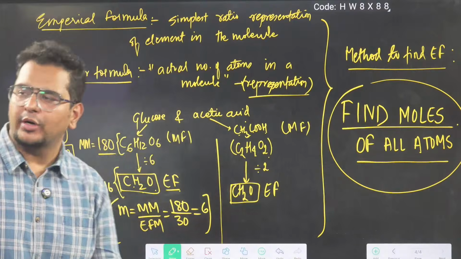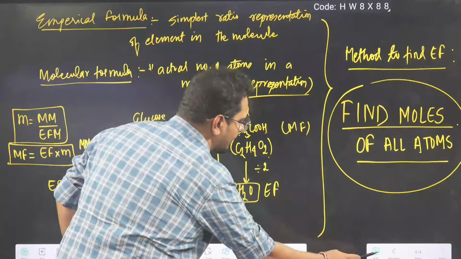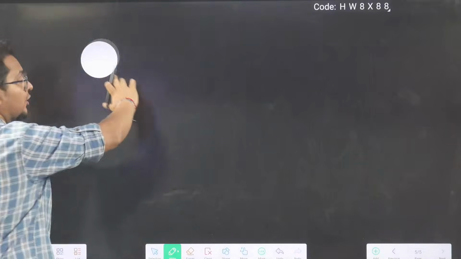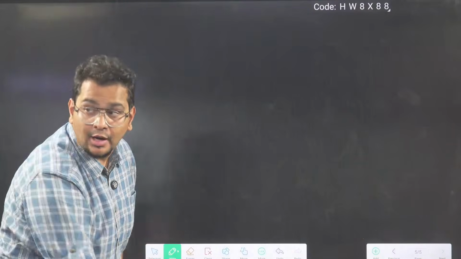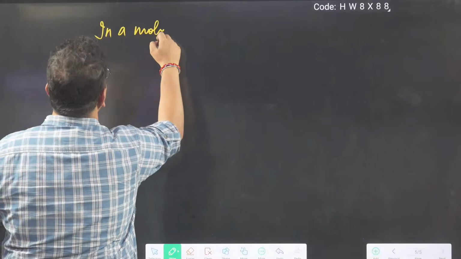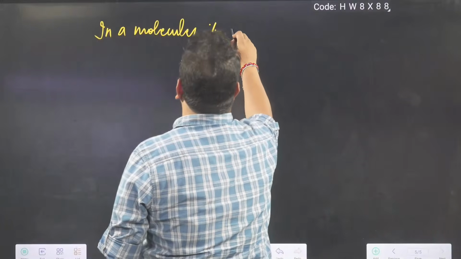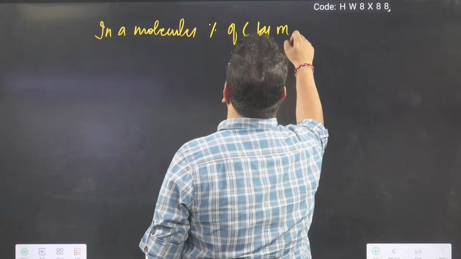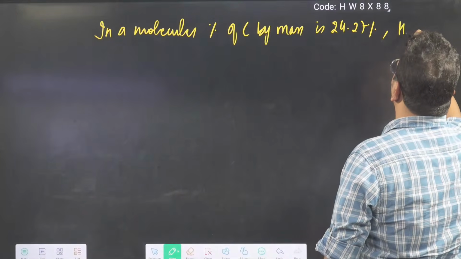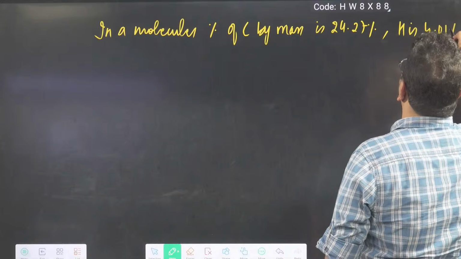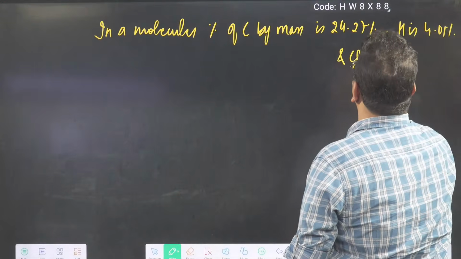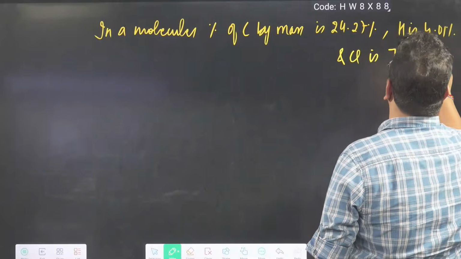Starting with the NCERT solved example, which can come in the NEET examination, if they give an exactly NCERT based paper like they gave on May 3rd. Now, in a molecule, the percentage of carbon by mass is 24.27%, H is 4.01%, and Cl is 71.65%.